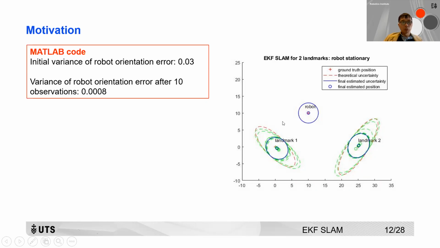After multiple observations, the variance of the robot orientation error will reduce from 0.03 to 0.0008. This is what I sent to everyone in the code.